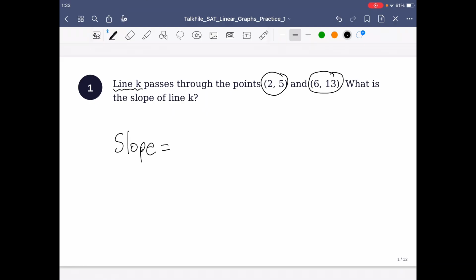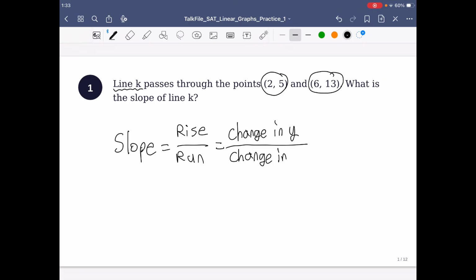Slope is rise over run. What does this mean? Rise over run means change in y divided by change in x.